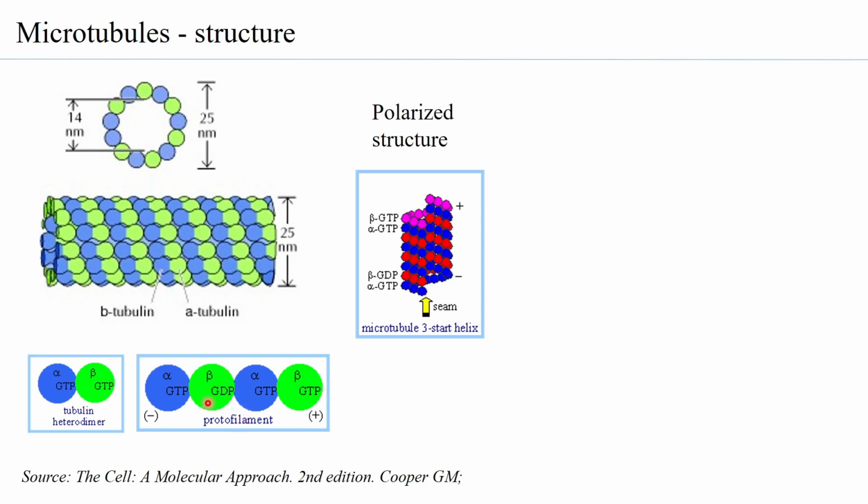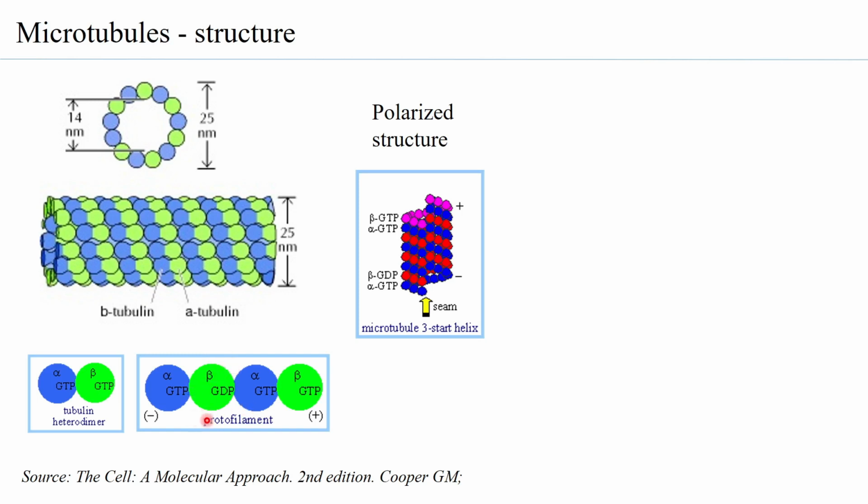And this conformational change activates its GTPase activity, and therefore the GTP that is bound to the beta tubulin is going to hydrolyze to form beta GDP. So you can see that when you have the protofilament, the growing end will always be beta GTP because you don't have an alpha tubulin yet coming and binding. But here, because the alpha tubulin has bound to the beta tubulin, the beta tubulin's GTP has been hydrolyzed to GDP, because the alpha tubulin has brought in a conformational change in the beta tubulin to activate its GTPase, and that GTPase is able to convert the GTP into GDP.